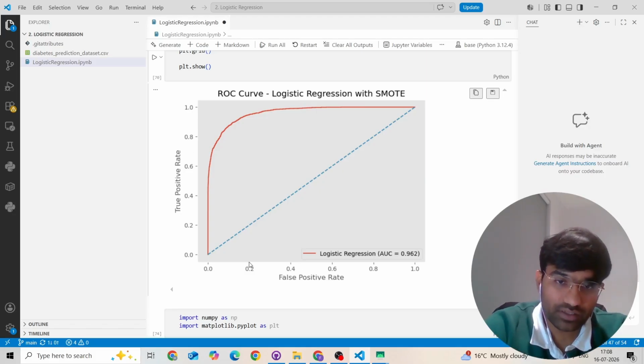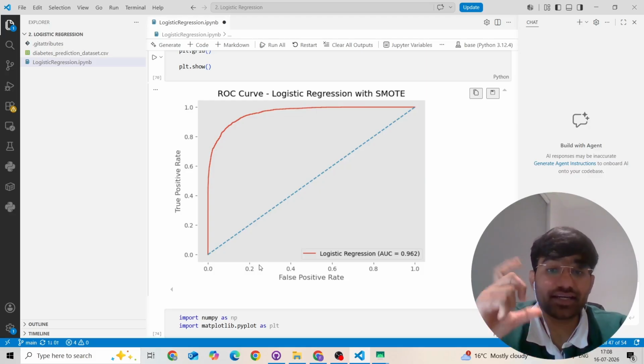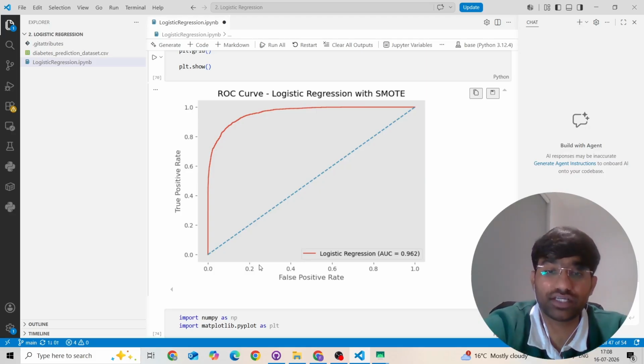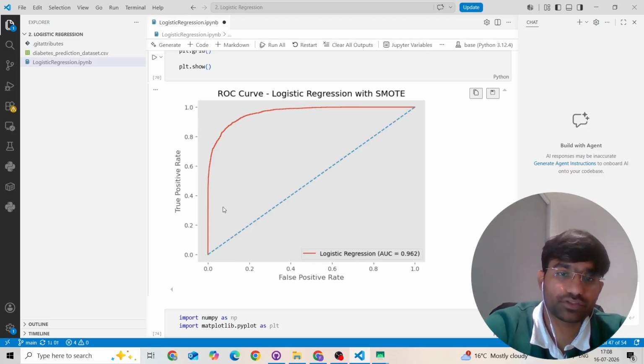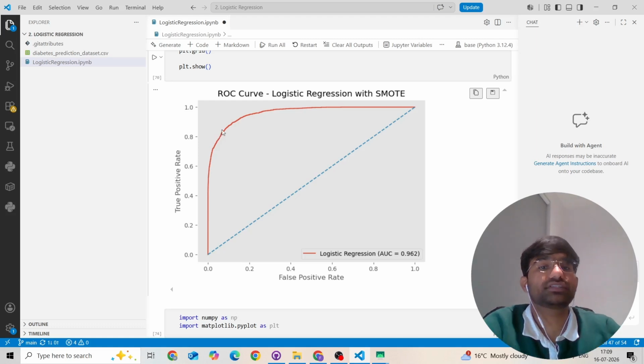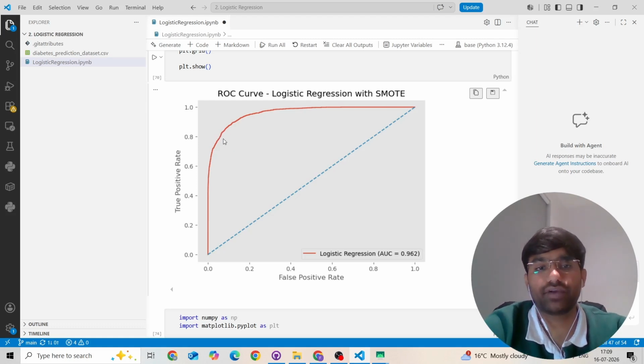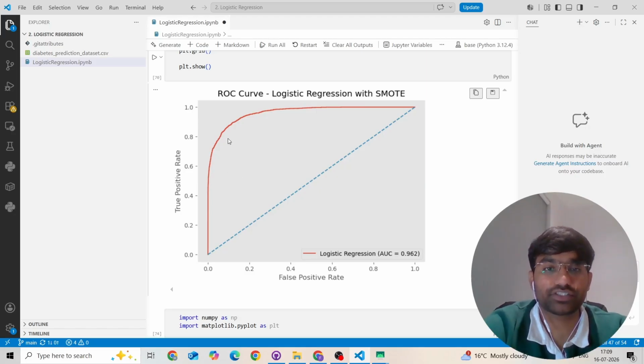If I want to identify the threshold where the true positive rate is more and the false positive rate is less, then somewhere here the false positive rate is less and the true positive rate is high. So this can be my new threshold. My basic threshold is 0.5, but this can be my new threshold.